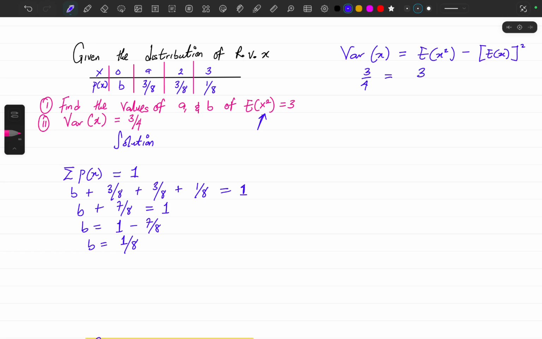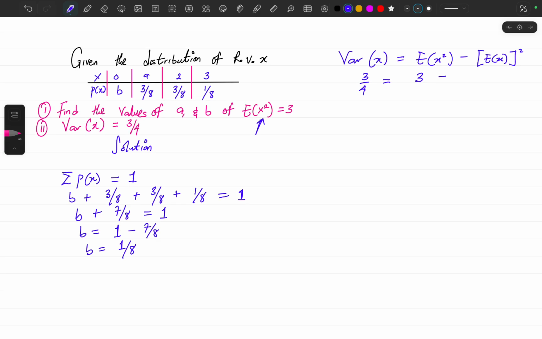That makes some sense. And then that'll be minus the expected value squared. So what we do not know from here is the expected value, and I might try to do this: 3/4 minus 3, and that will equal negative.